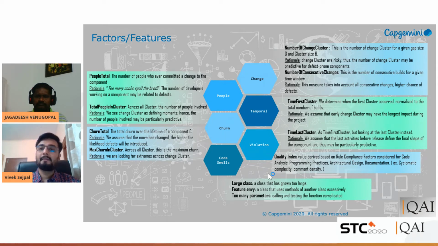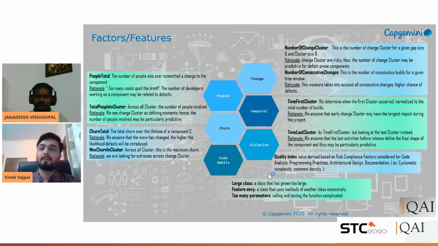Parameters like the number of changes happening to the file: if a component is getting changed more frequently, then it can be more risky, as there is high activity happening to that particular component.